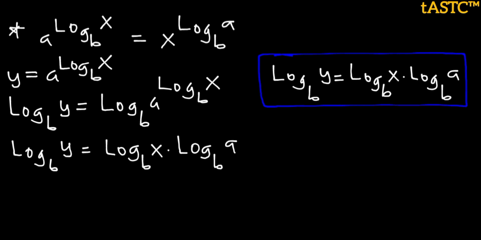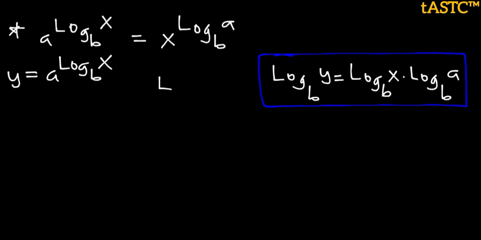Now, we're going to work another thing. Here we have said that y is equal to stuff which is on the left hand side. Now let us try to make z be equal to stuff on the right hand side. So if we have z equal to x to the power of log to the base b of a, I'm going to try to take log to the base b of both sides.